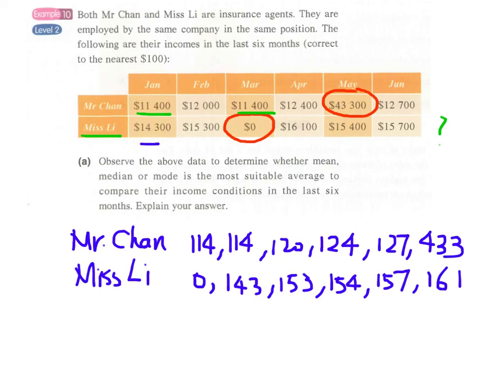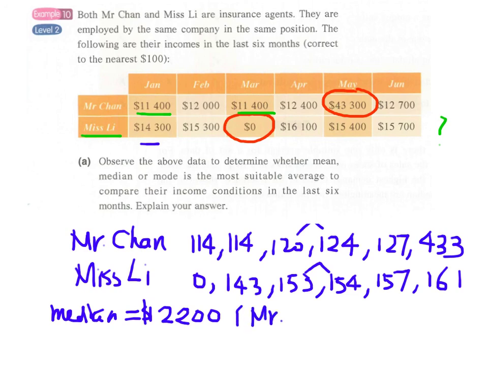So we have a set of 6 pieces of data for each person. The number at the middle will be between the third and the fourth value. Therefore, the median for Mr. Chen is $12200.